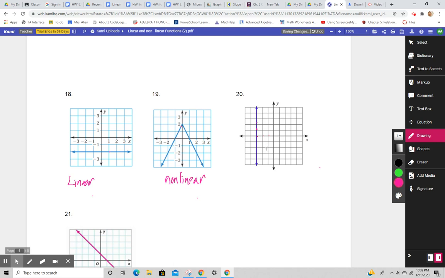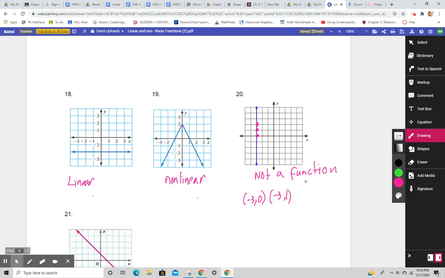Okay, this one here I have to be careful. This is not even a function. Not a function. Okay, and I'll show you why. Let's take this point here. It's located at -3, 0. This point here is located at -3, 1.